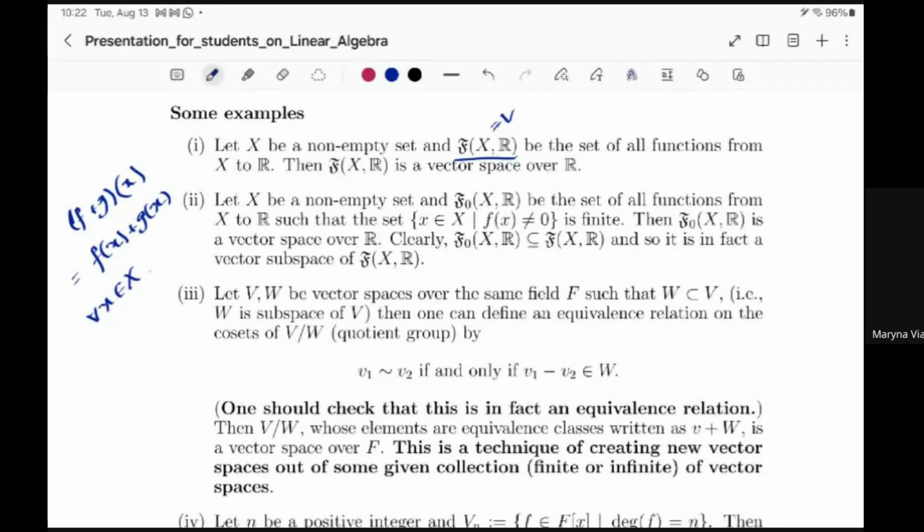And if you pick up an element from R, say you pick up an element small r from big R being the set of real numbers, and you multiply that with f, how you define it is also pointwise scalar multiplication. So you define r times f, basically, I should write the dot here, that just means r times f(x), which of course makes sense because this is in the set of real numbers.